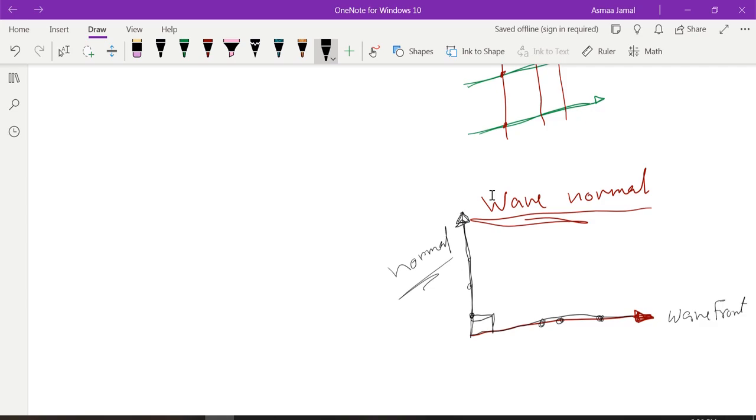Back to Huygens' theory, who said every wavefront is a secondary source of light for the next point or for the next wavefront. So this one will be a source for this one, and this one will go as a source for the third one and go on.